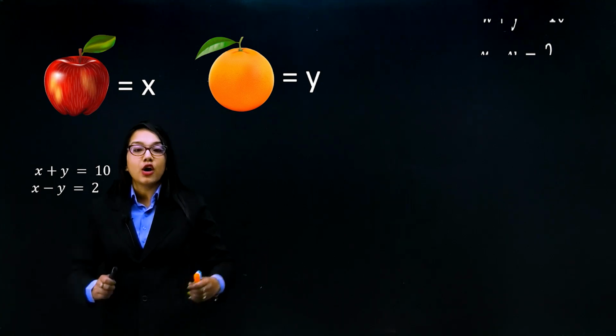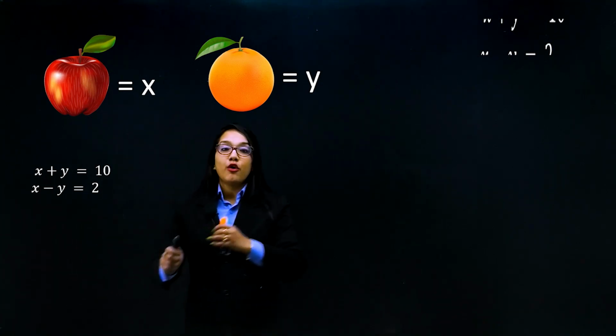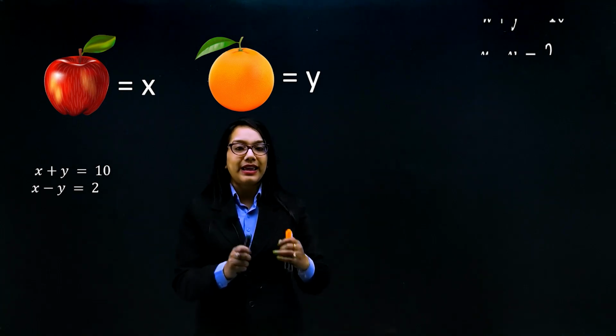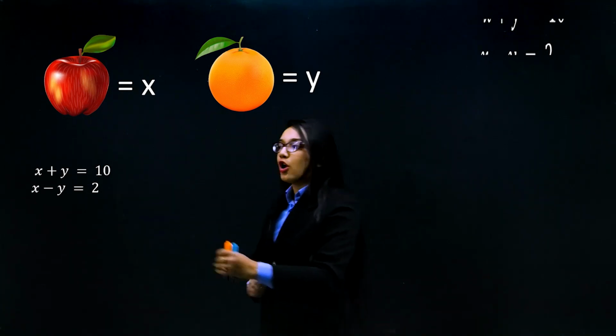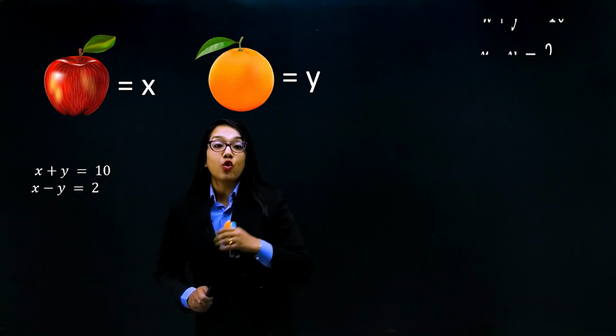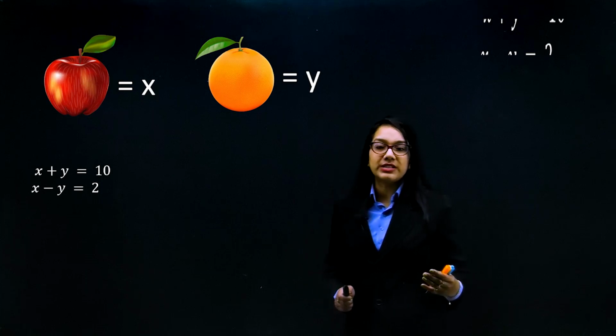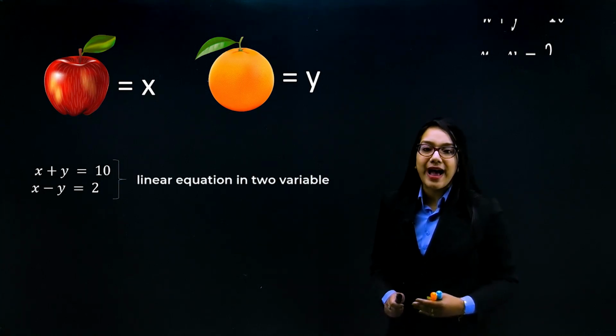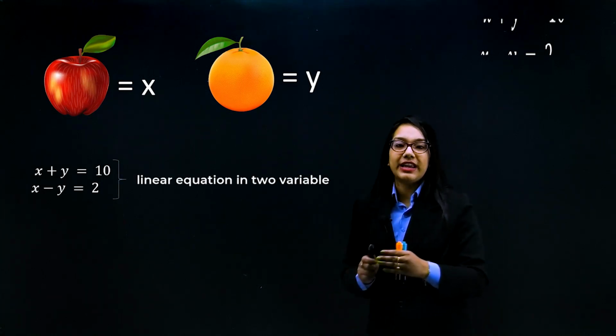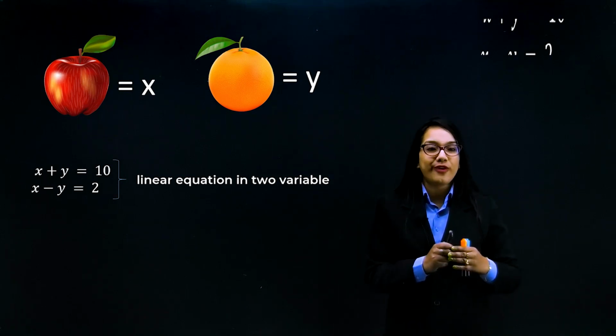So from the number of apples and oranges, I can create equations of such a form. What do we call these equations? These are called linear equations in 2 variables.